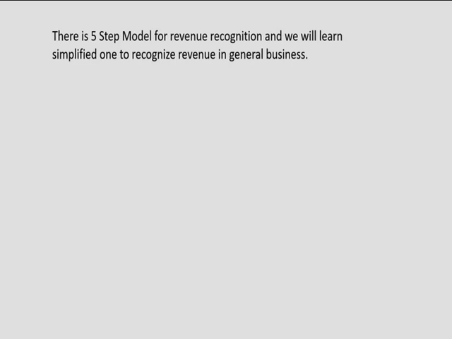There are different ways of recognizing revenue. One method is using the five-step model. There is a five-step model for revenue recognition, and we will learn a simplified one to recognize revenue in a general business.